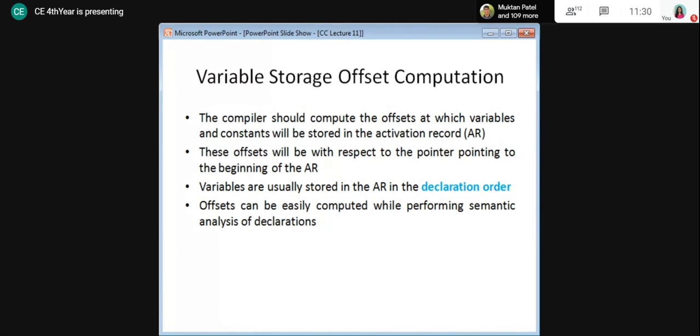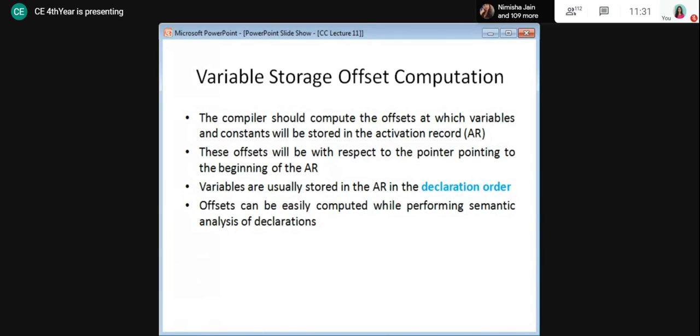Offsets can be easily computed while performing semantic analysis of the declaration. You may not have completely gone through the topic of semantic analysis, but when you do, you will realize that whenever semantic analysis is done, the size of the variables will be known at that point, and from that, offsets can easily be computed.